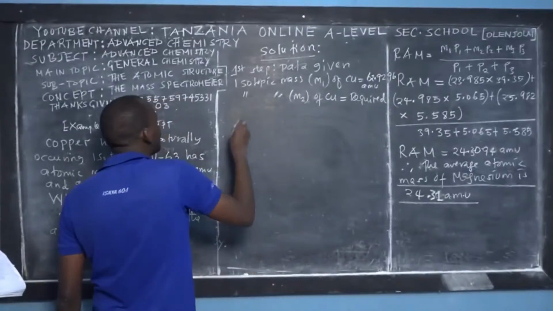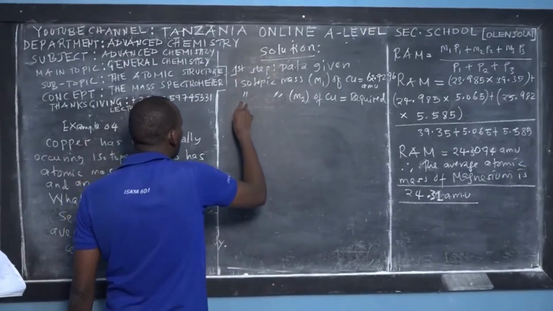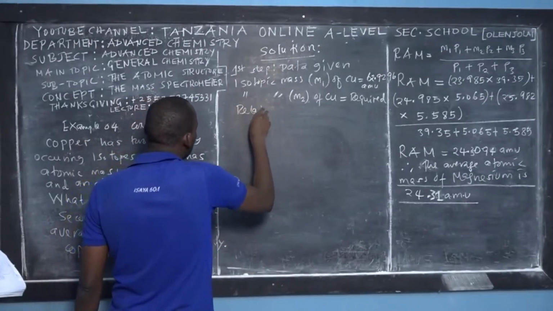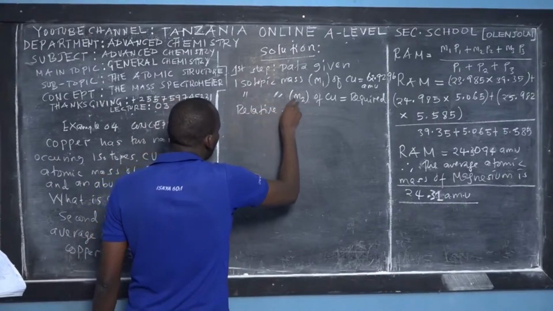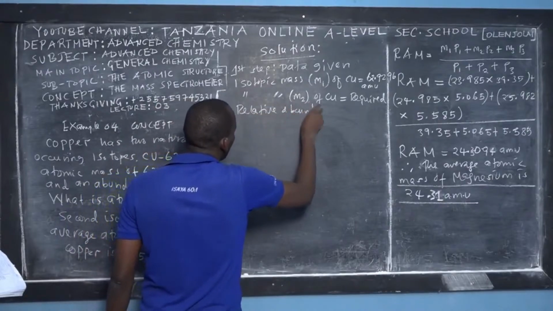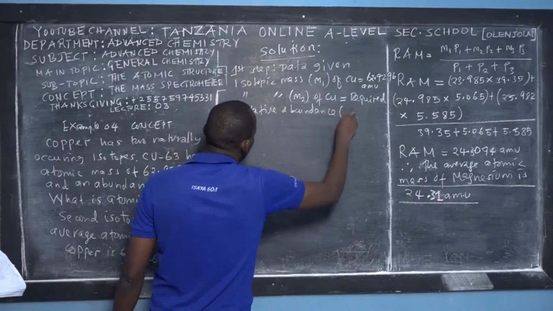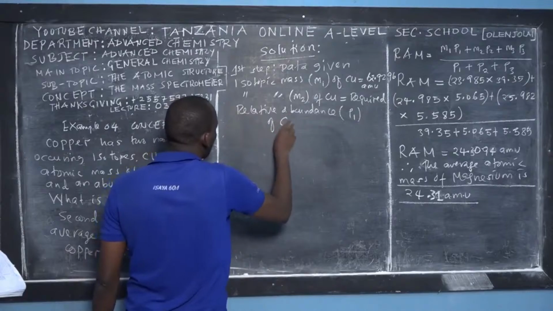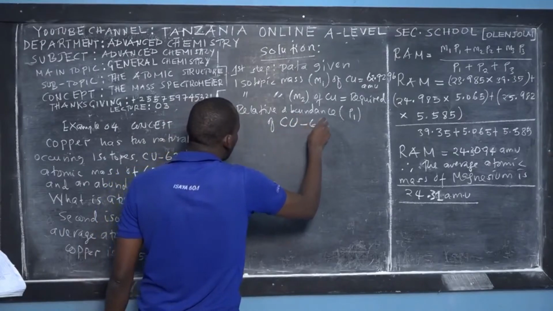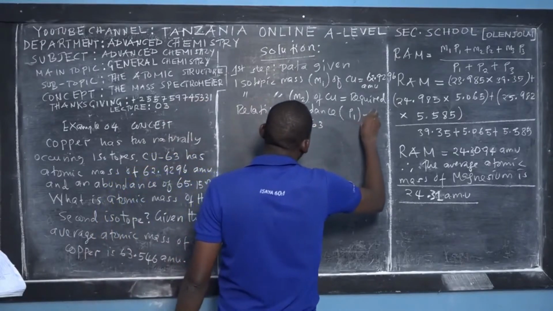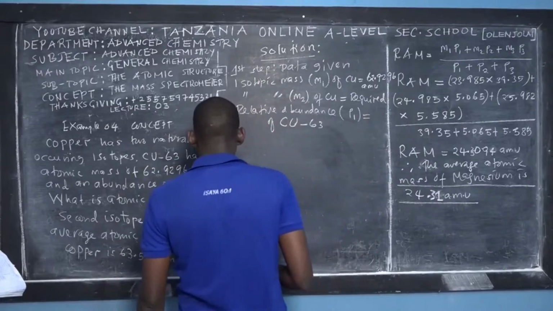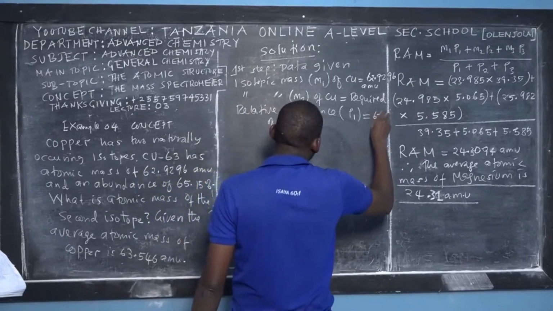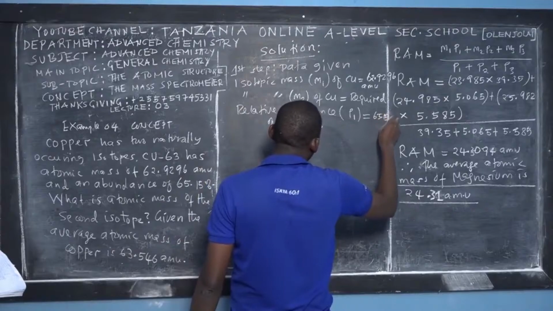Then we have intensities, or abundance. The relative abundance of the first, P1 of the first copper, which is copper 63, is given as 65.15%.